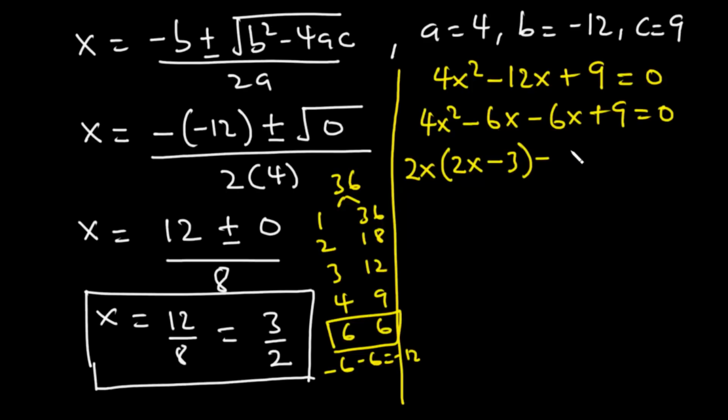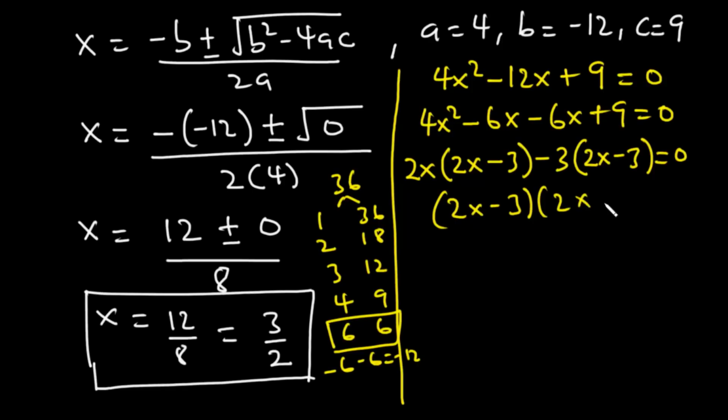The GCF between 6x and 9 is 3. So we have 3 on the outside, and then 2x minus 3 inside the bracket is equal to 0. So we have 2x minus 3, and then 2x minus 3 is equal to 0.